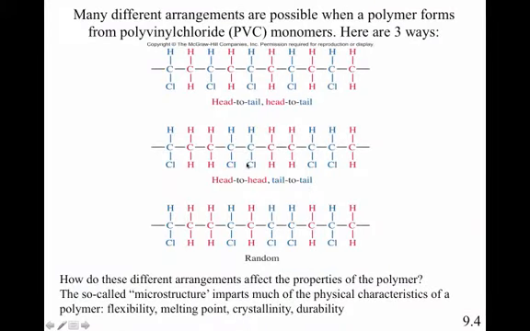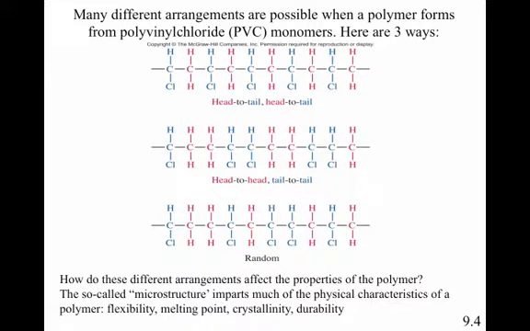Well, another way you can change the properties is something we're not going to spend much time on, but it is an interesting property. You can align the monomers differently. It doesn't make sense for ethylene because that is symmetric. You've got a carbon double bonded to a carbon with some hydrogens.